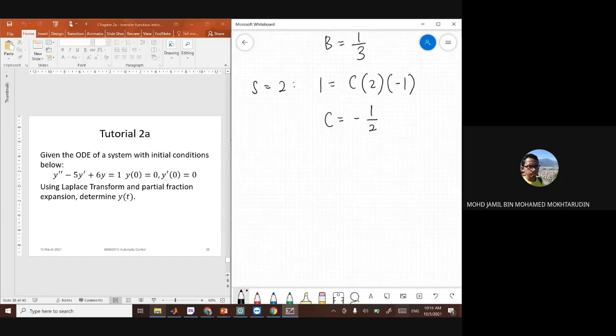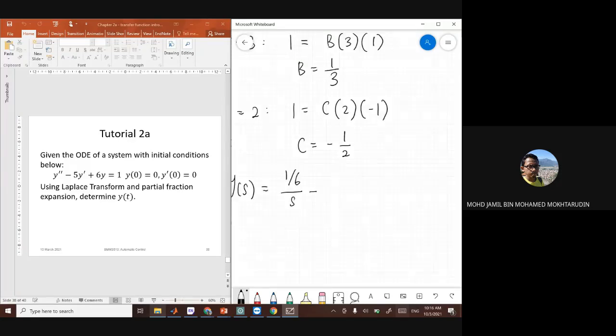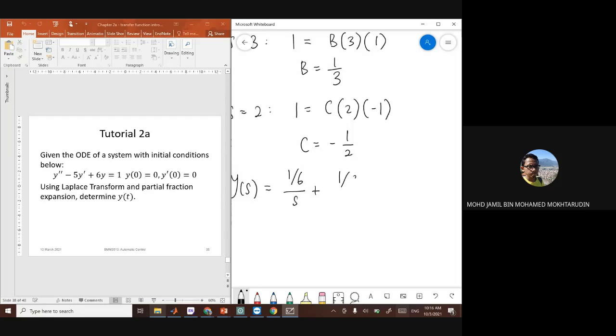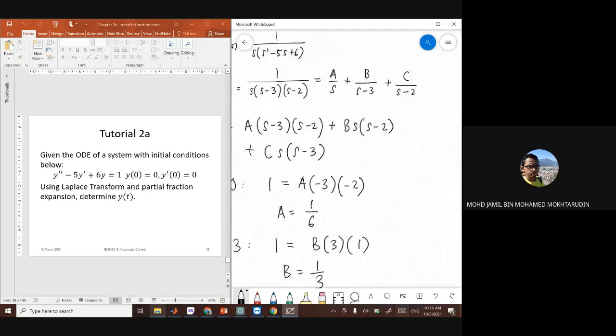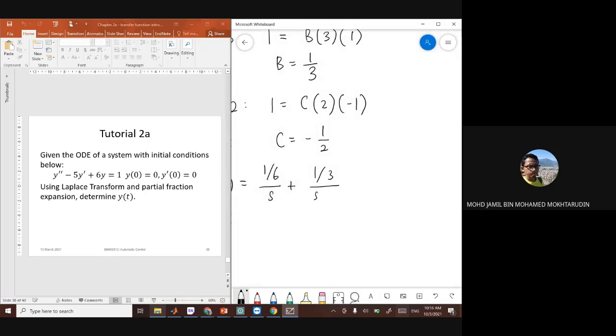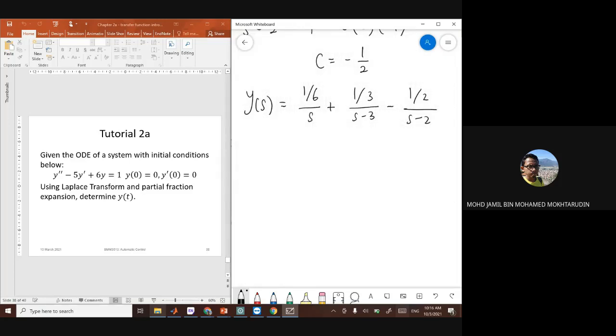Then substitute back into Y(s). So you get your Y(s). Then you apply inverse Laplace transform to get y(t).